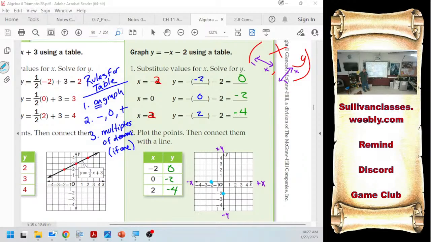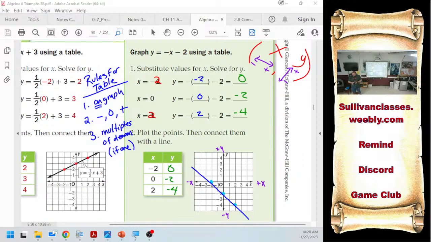And 2, negative 4. Okay. Whoa, we're like already crooked. Here we go. And then you'd get a straight edge and connect the dots.